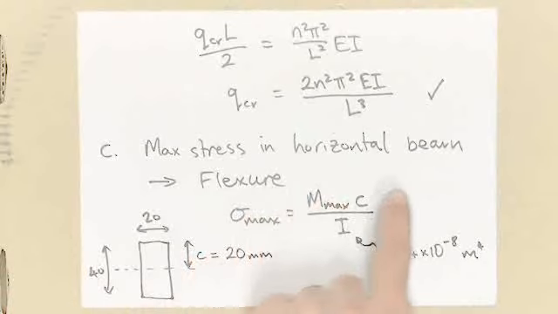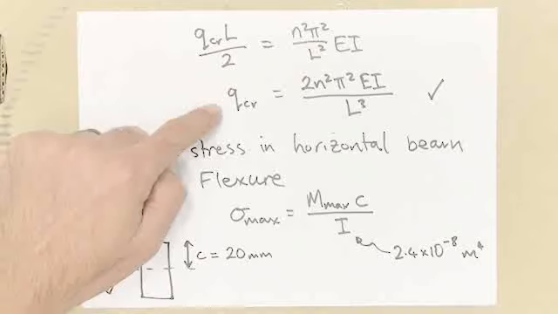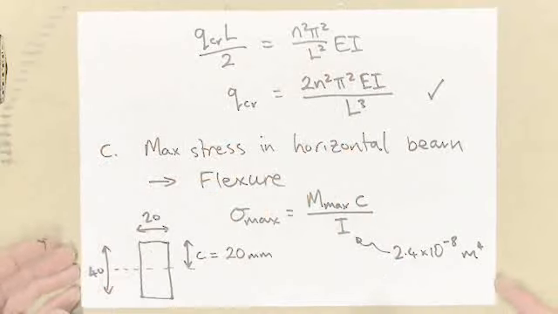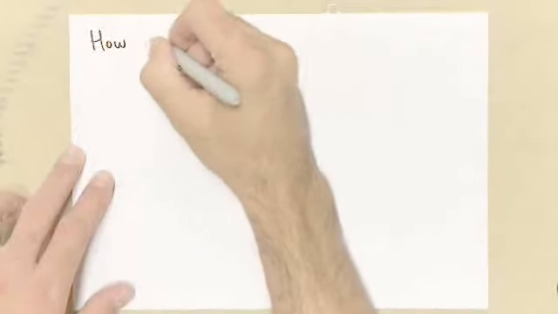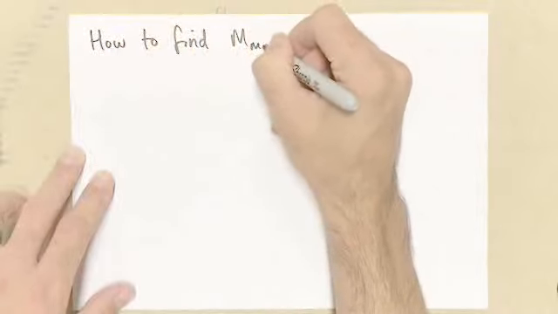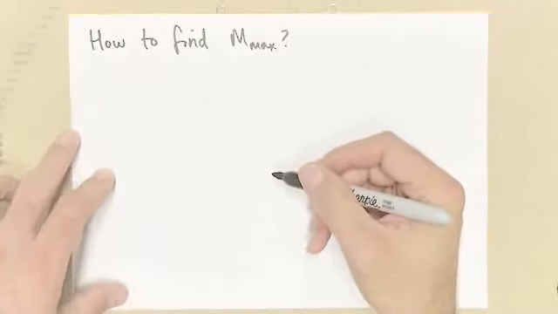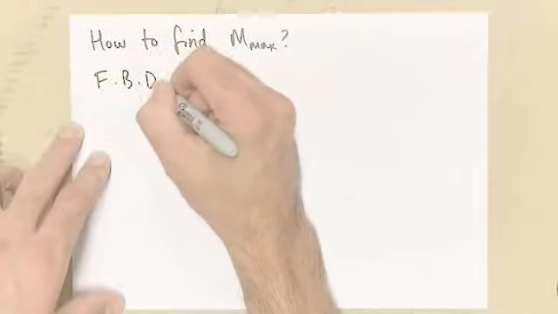And remember, this is all in the horizontal beam, and the only thing that matters about the columns is they're about to buckle. So this is the load. So then the problem becomes how to find M max. Okay, we're asking for the bending moment inside a beam, so we do a free body diagram.